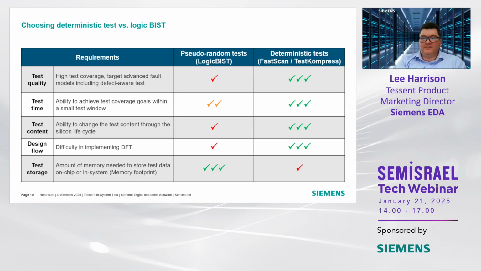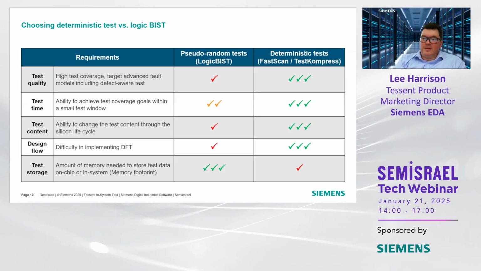Logic BIST has some additional requirements in terms of X bounding and making sure the design is partitioned correctly to achieve a good logic BIST implementation. So being able to use exactly the same manufacturing infrastructure reduces the overall effort required for the implementation. But all this doesn't come for free.